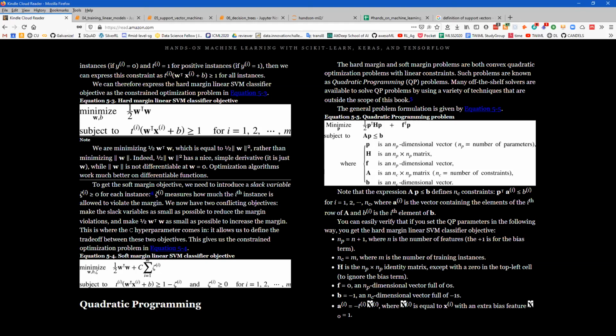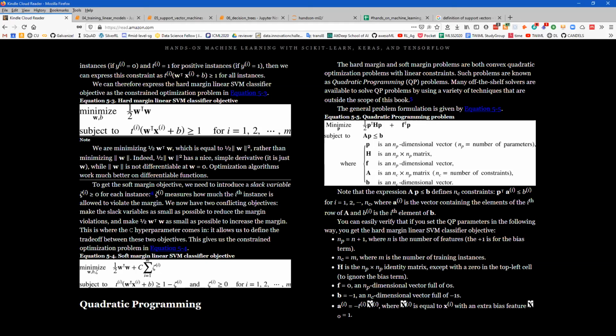And how do we have a small left side equation, basically under equation 5-4, minimizing this entire equation? So how do we have a small half of W^T W? That is to actually increase C, right? Because you want to minimize the entire thing, and when you increase C, then you have a smaller left side equation.